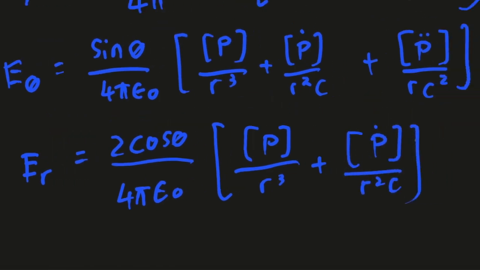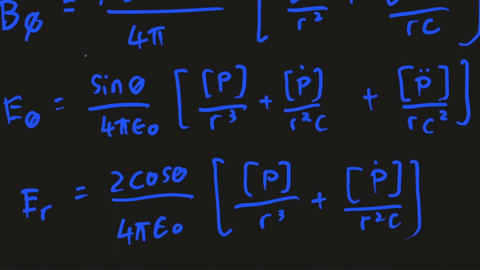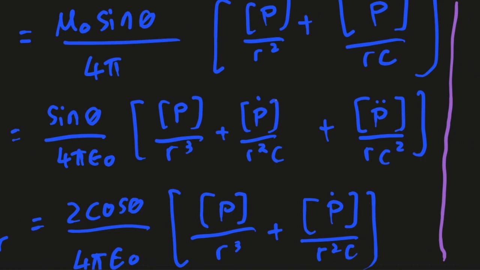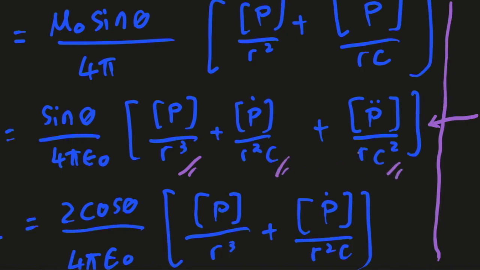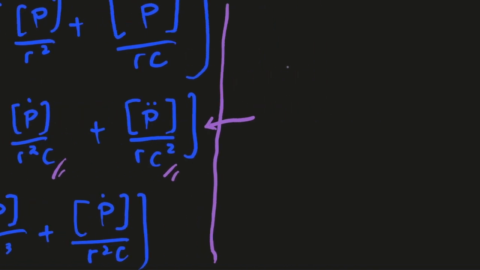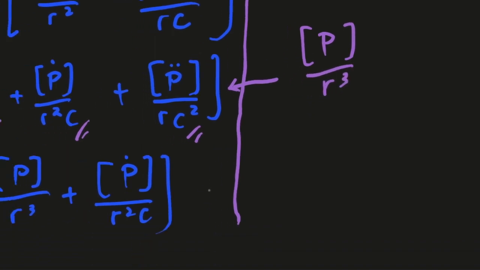So just pause for a moment. Let's look at what some of these are telling us. Let's look at the E theta components first. First of all, we have an r cubed term, an r squared c term, and an r term. The r cubed term looks like just a static dipole, and this goes for the radial component as well.